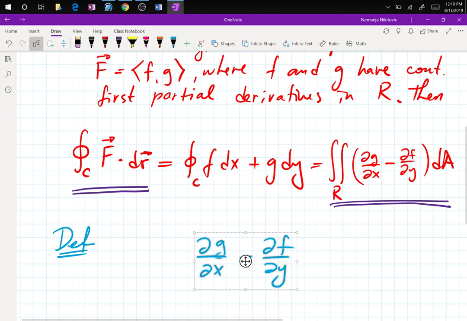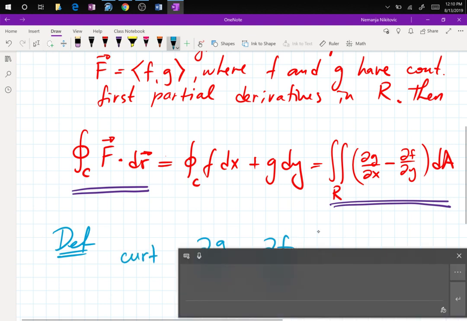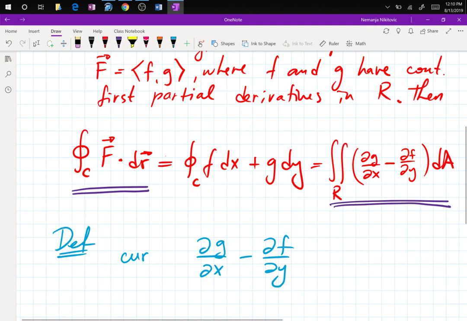So the curl of F is equal to this, which is called the 2D curl, and I put that in a definition here.